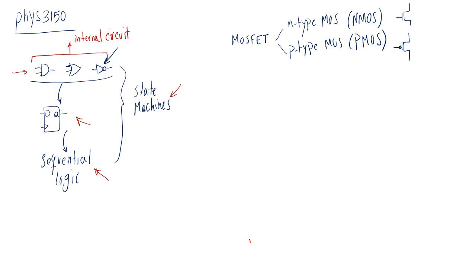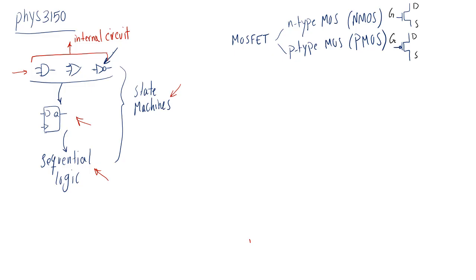Basically they have gate, drain, and source. For PMOS, we have the exact same symbol, but it has a little bubble at the gate. So it's the same order: gate, drain, source. The bubble shows that it's kind of an inverted version of NMOS. We have seen in this course that wherever we have a bubble, it represents inverted behavior.